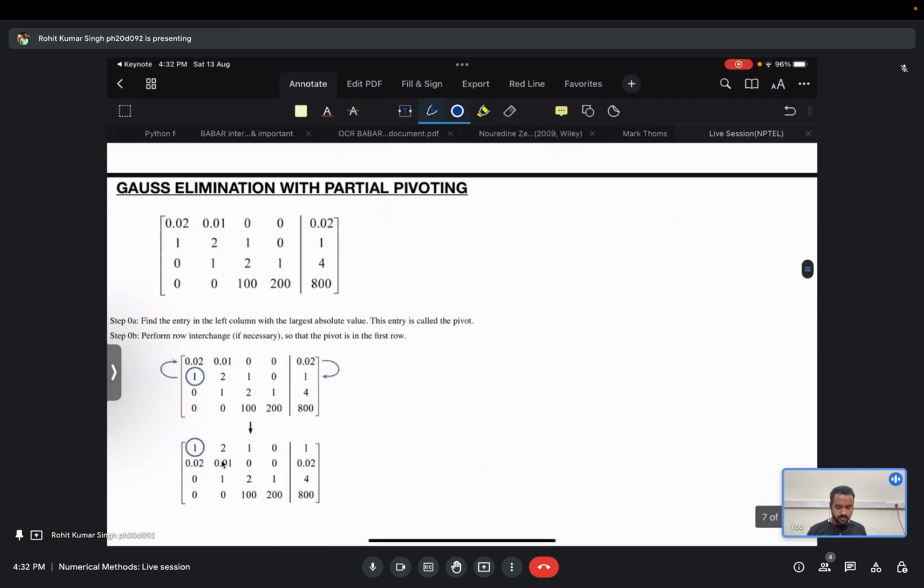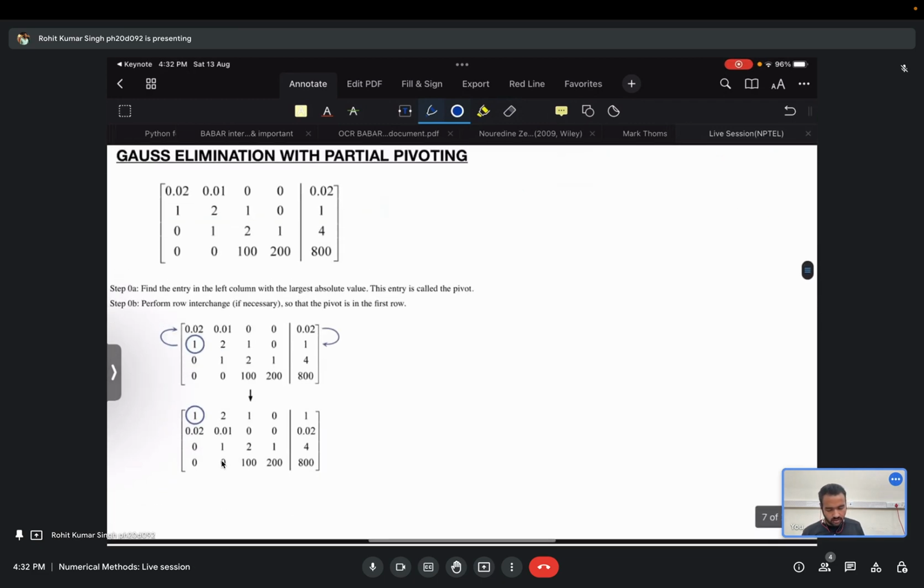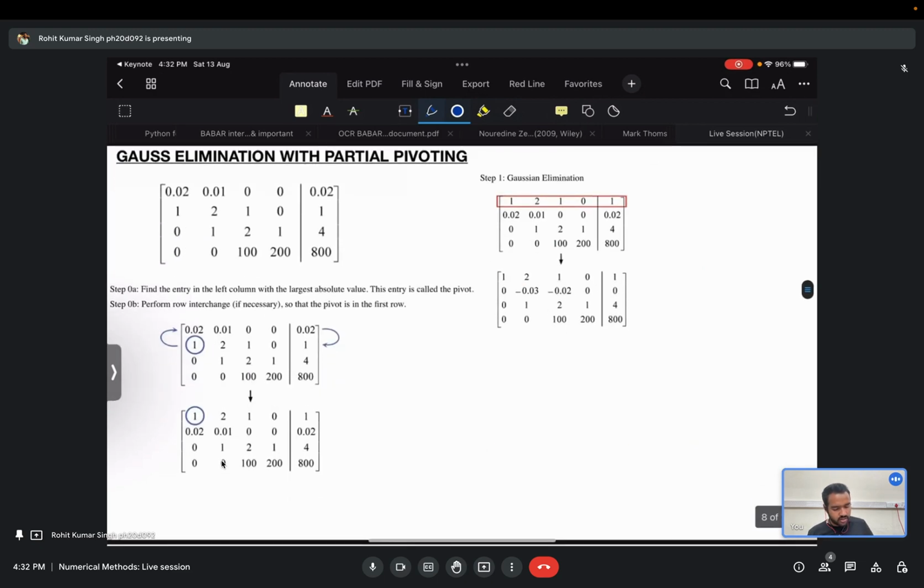So with this step, you do the row exchange, and in the next step you do the Gaussian elimination, right? And you get this matrix. When you do this, R2 goes to R2 plus alpha 21 R1, you get this matrix, right?